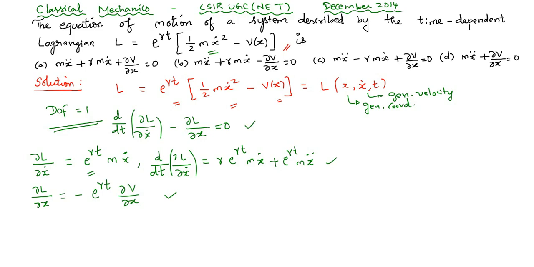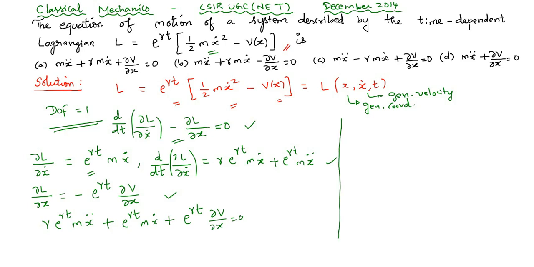So the first term becomes gamma e power gamma t m x dot plus e power gamma t m x double dot. Then there is a minus sign here, so minus into minus gives plus e power gamma t partial V by partial x, which is equal to 0. Notice that in all these three terms, e power gamma t is common.